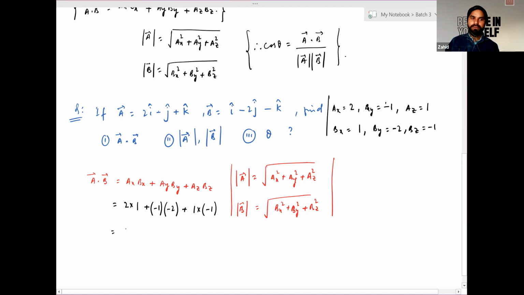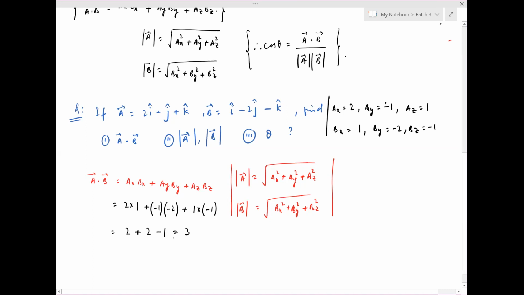So 2 into 1 will be 2, -1 into -2 will be 2, and 1 into -1 will be -1. So 2 plus 2 will be 4, -1 will be 3. So a dot b will be 3. Mohammad Umar, any doubt in this calculation? No. Okay.